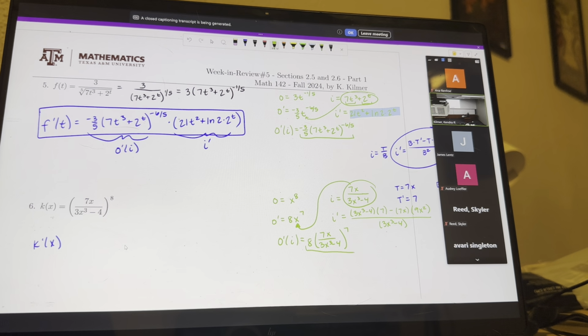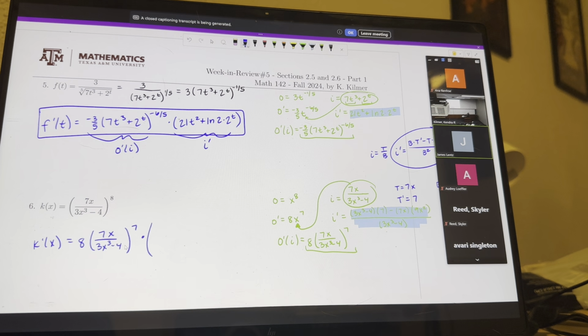Okay, so my derivative is 8 times 7x over 3x cubed minus 4, all raised to the 7th power, times the derivative of the inside, which is this whole mess that's over here.